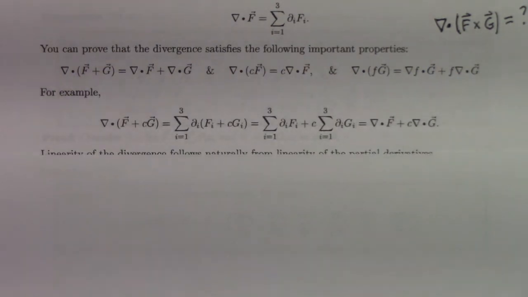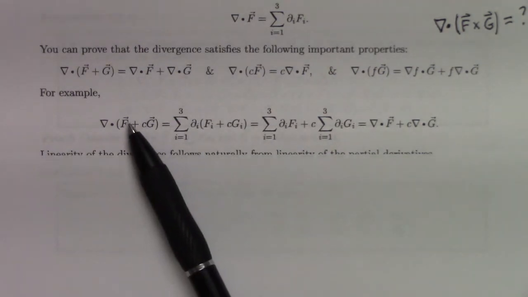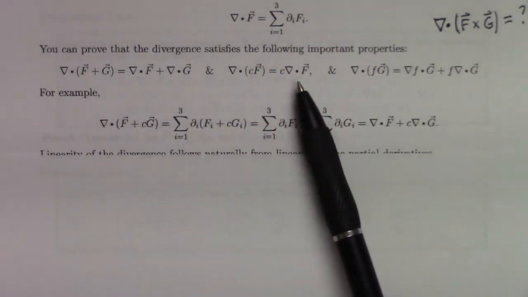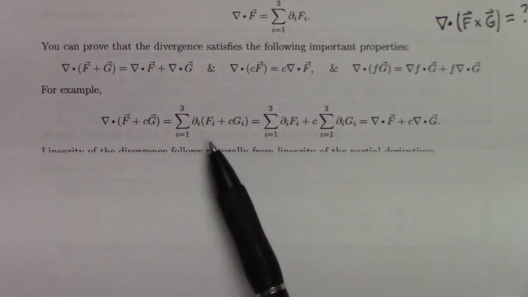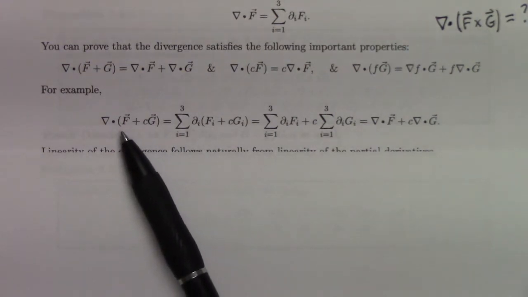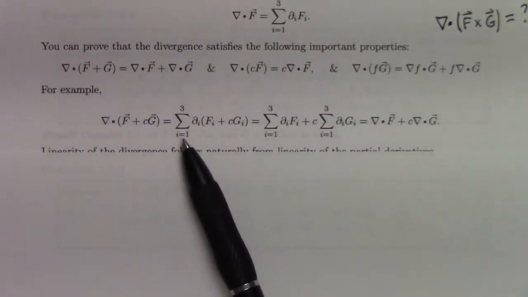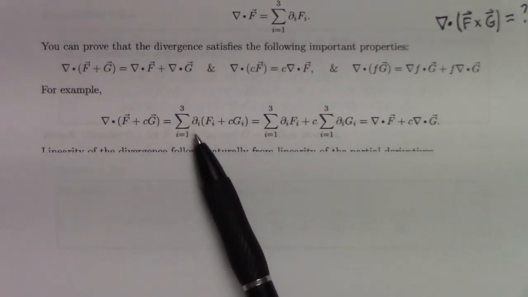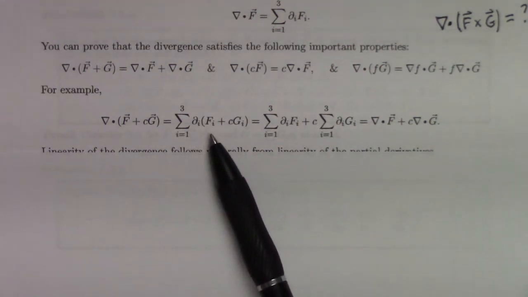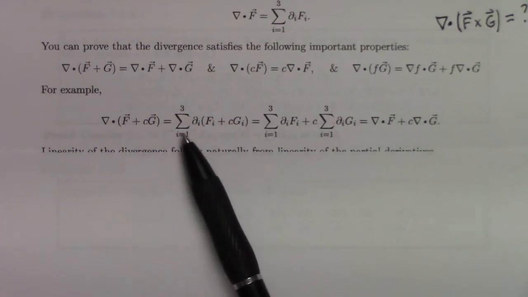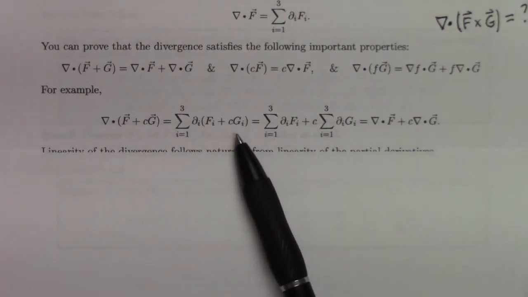But anyway, here's a proof of both the additive and the homogeneous property using the notation I've introduced. So the divergence of f plus cg is the sum i equals 1 to 3 of the partial derivative with respect to xi of the ith component of f plus cg, which is fi plus cgi.